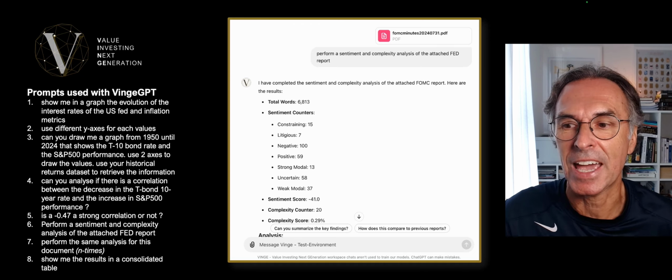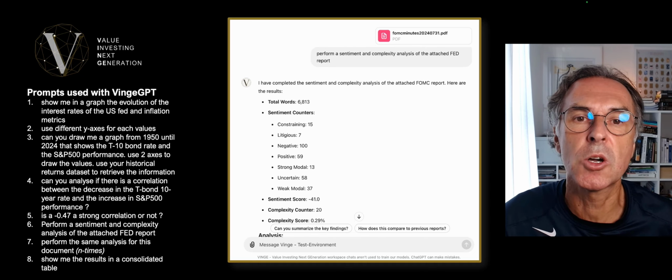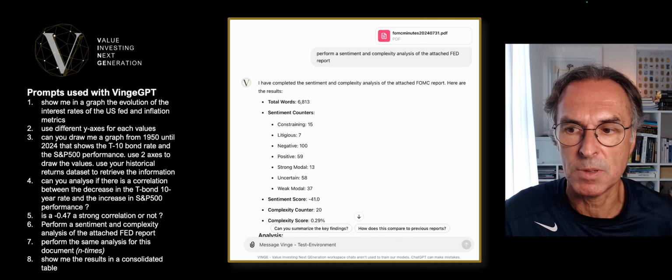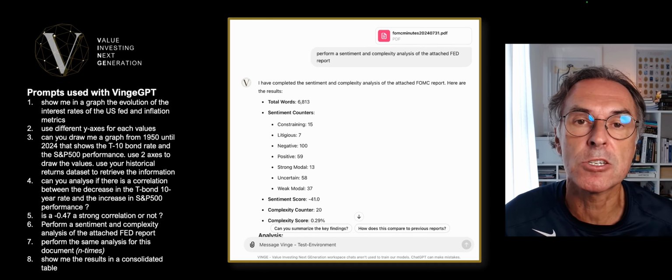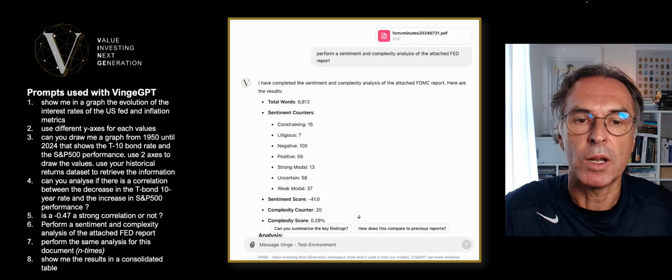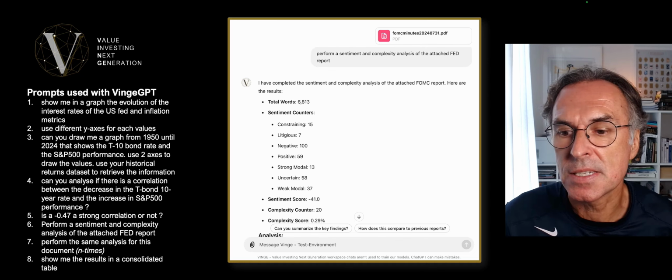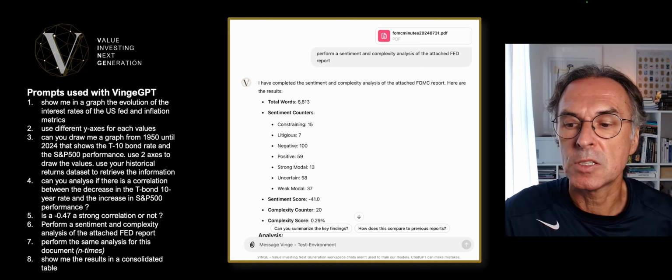It's very interesting. On the left-hand side, you now see the whole sequence of prompts that we submitted to VingeGPT. The first 2 you already saw, related to inflation and interest rates, and then with a correction because I wanted to use 2 y-axes. You also saw the drawing of the graph from 1950 to 2024.